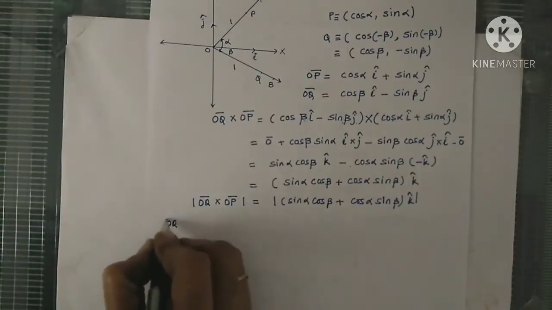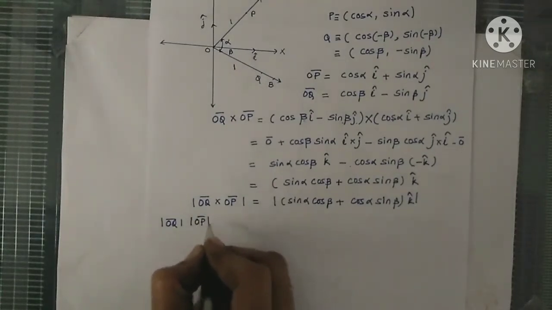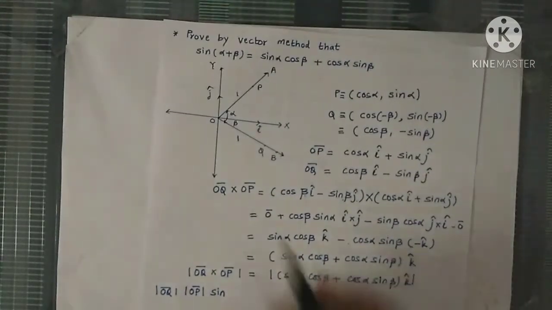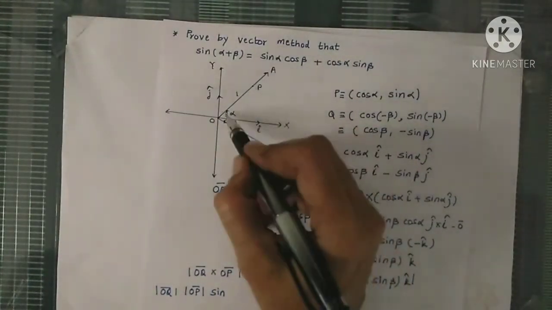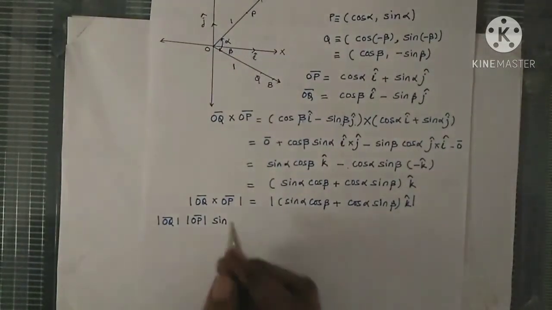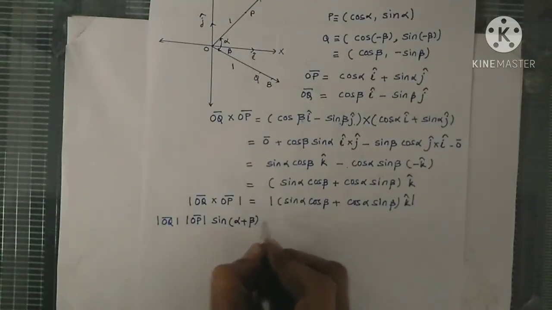So it is modulus of OQ bar, then modulus of second vector, and sine of angle between them. Now angle between OQ bar and OP bar is alpha plus beta. So we are considering only the angle here. So we have to add alpha and beta. So it is sine of alpha plus beta.